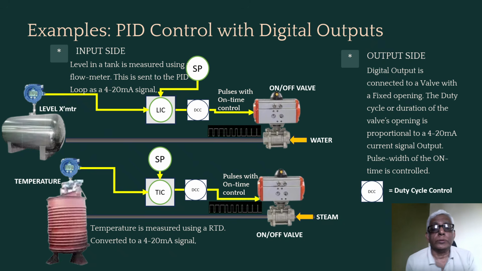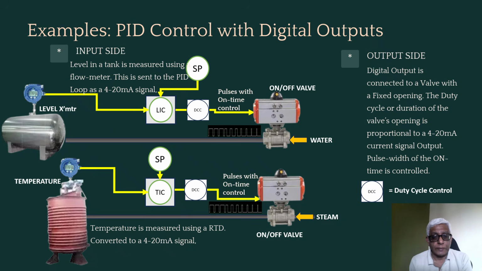Now, how does this work? Between the level controller and the on-off valve itself, there is a duty cycle controller that determines the duration for which the valve remains open. Suppose the level is way below the set point, then you can fully open the valve for a very long time. And as the level approaches the set point, you can start interrupting the flow and feed in little by little till we get the set point.